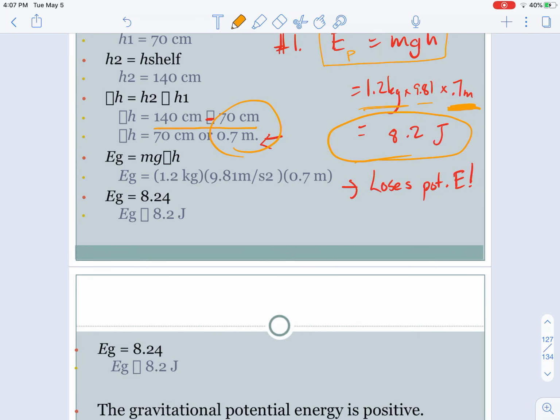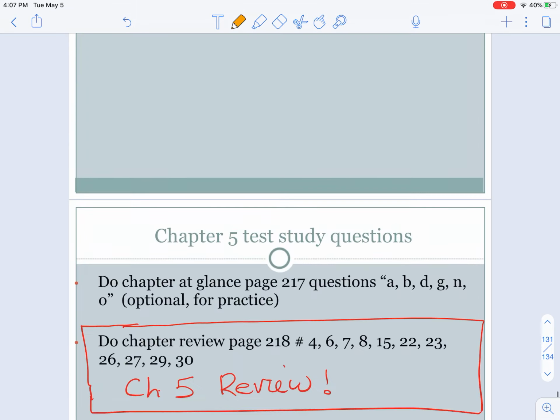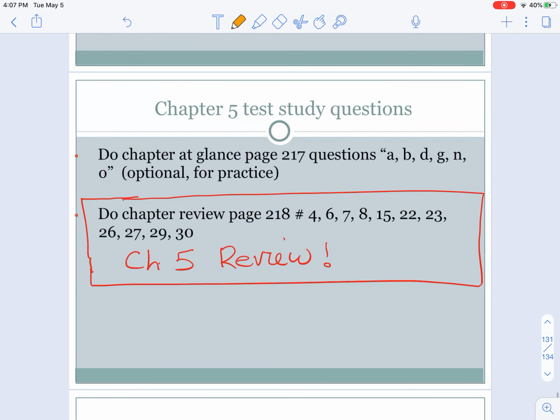It's 1.2 times 9.81 times 0.7. It's 8.2 joules, and when it falls, it loses potential energy. It's going to be on the table now, and it'll have less potential than when it was falling towards the floor. So that is our first example that I did with you.